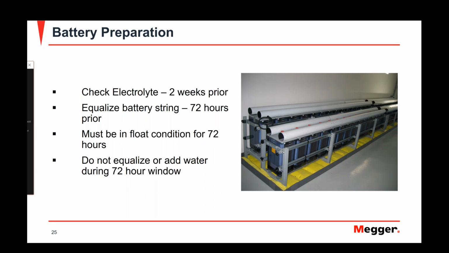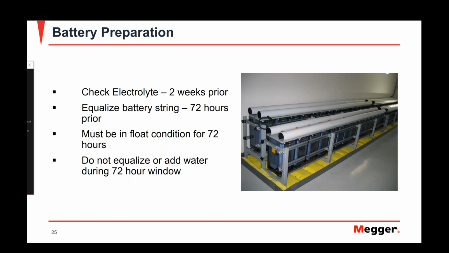Another thing that you're going to want to do is, 72 hours prior to testing, equalize the battery string. Now, it's critical that after you've done this equalization in that 72-hour window, you don't add any electrolyte or try to re-equalize the batteries, and that you allow them to float for that 72 hours before you do your impedance testing.